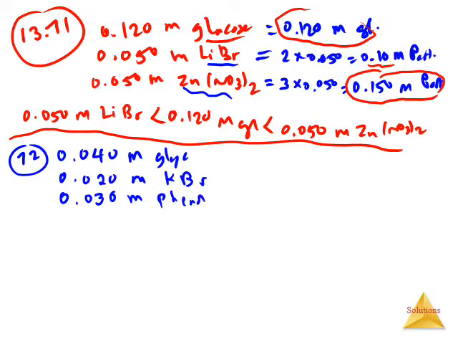Only KBr would break down into 2 particles per KBr. The others would remain intact in the solution.